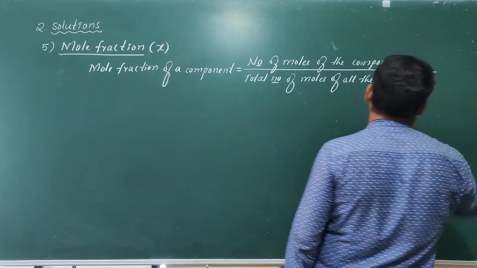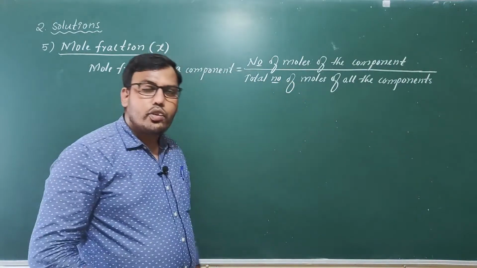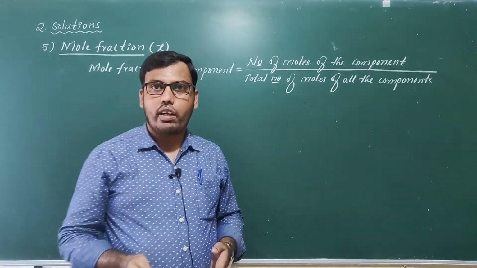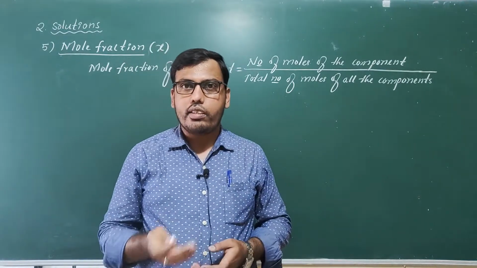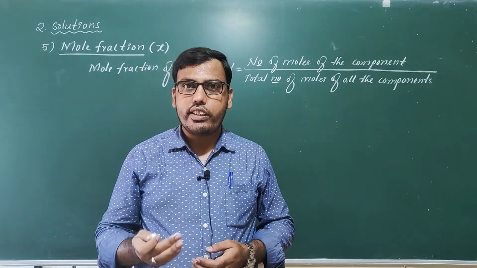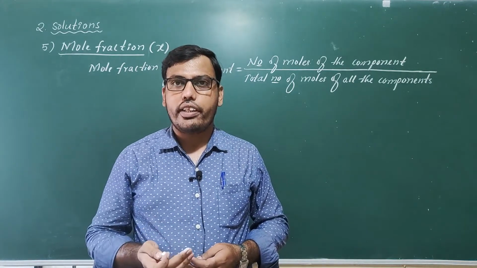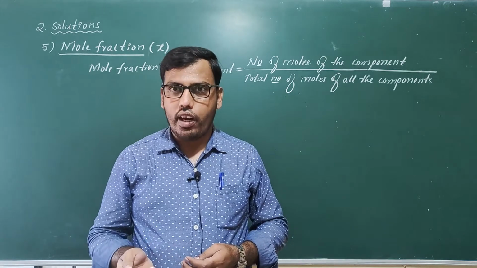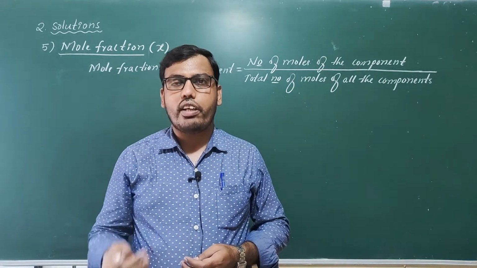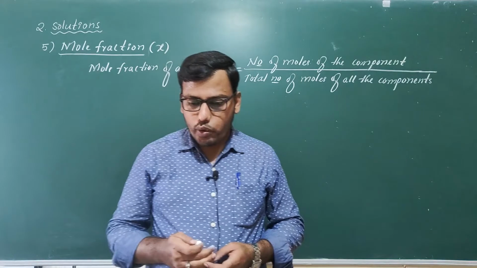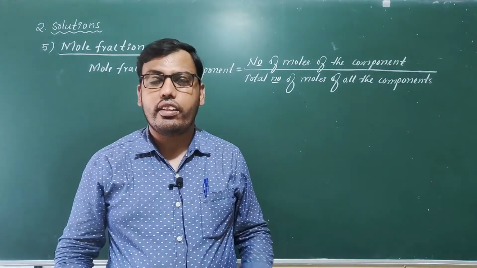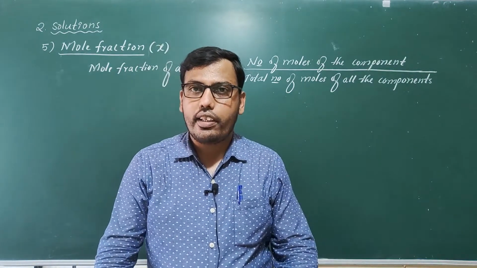So even if you consider a simple binary solution in which minimum of two components are present, you can calculate mole fraction for solute as well as solvent. So in order to understand this one, consider a binary solution.